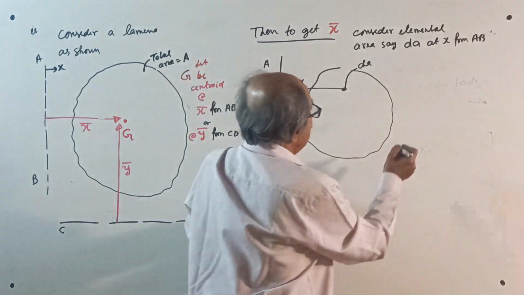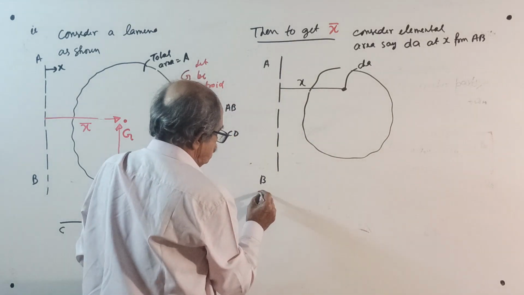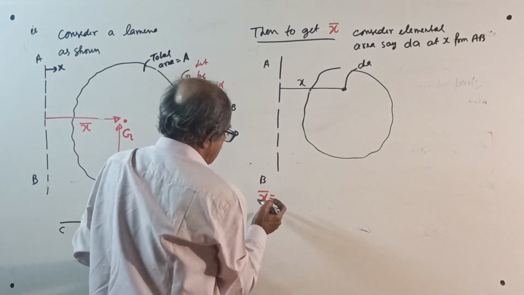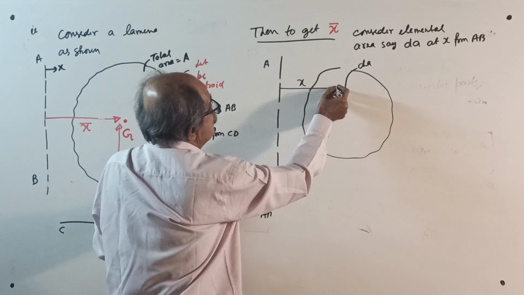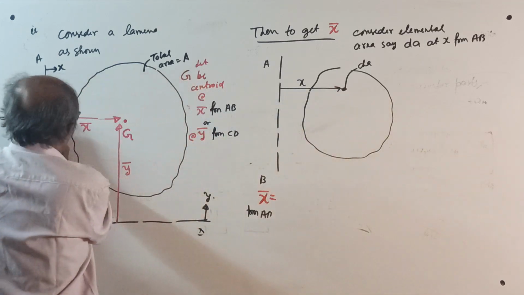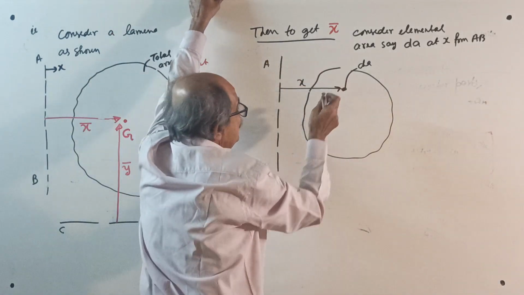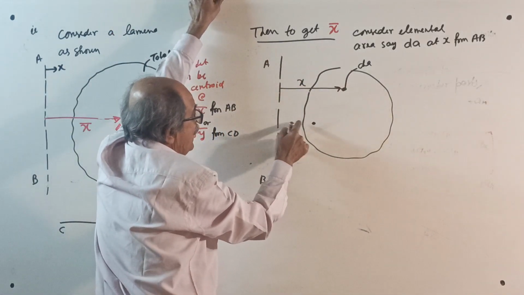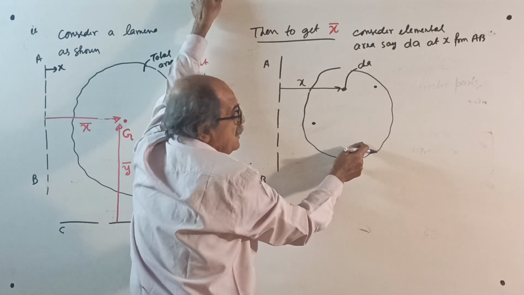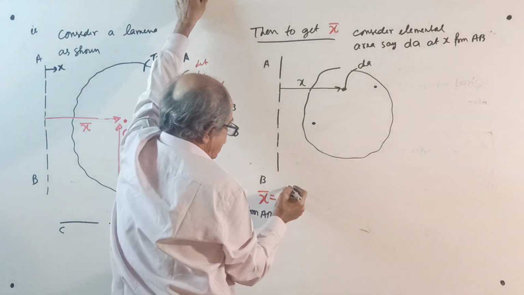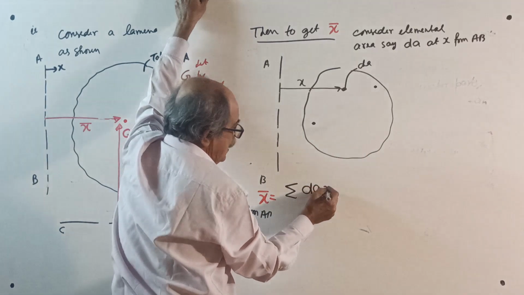Therefore, now your x bar equals x bar from AB. See, your x is this way. This x bar from AB equals this dA into this x plus one more dA into that x, and so on, or it is sigma of dA into x.